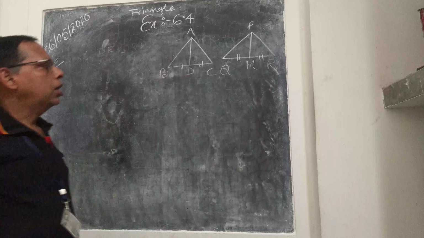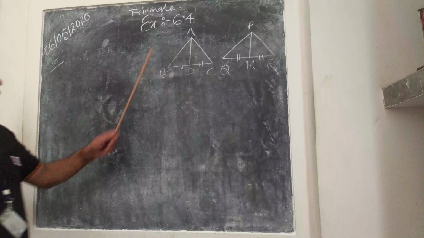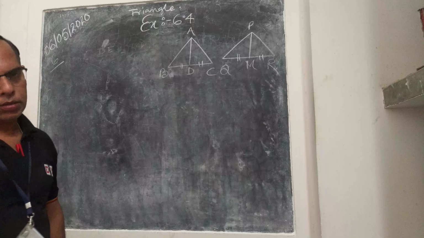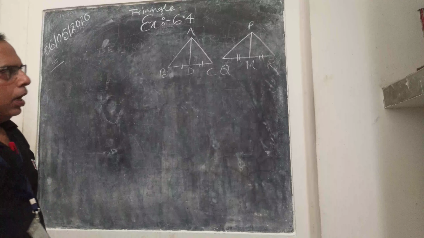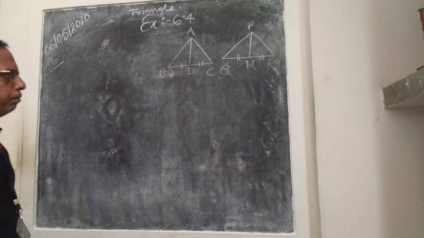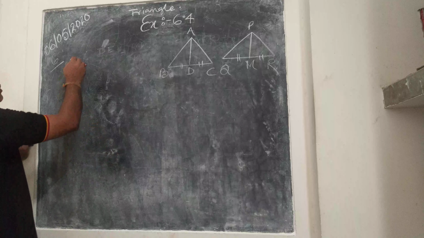Let ABC and PQR be two similar triangles. Then, if they are similar triangles, what will happen?